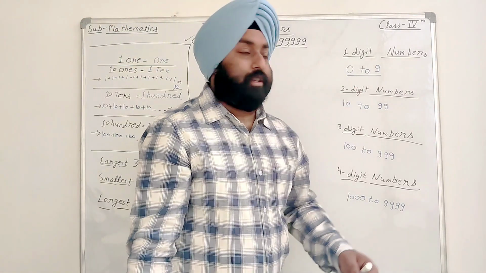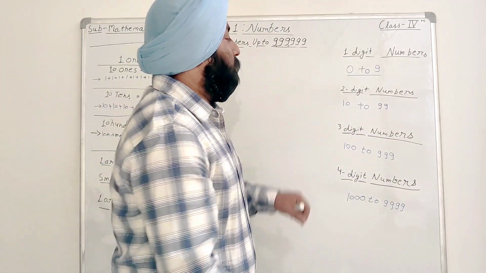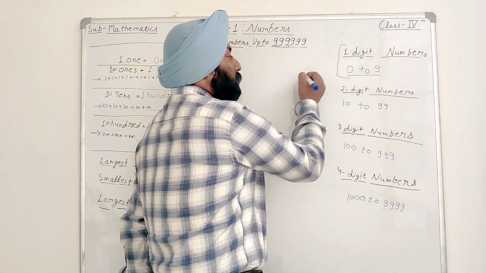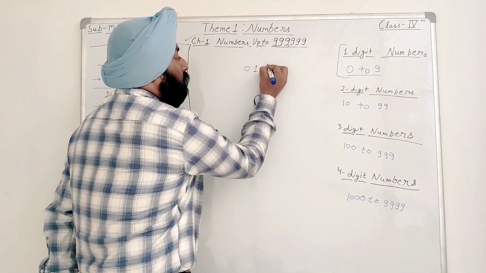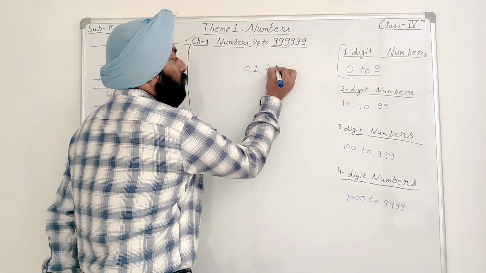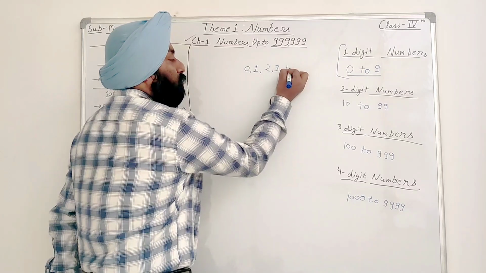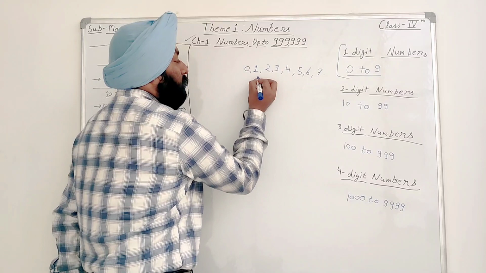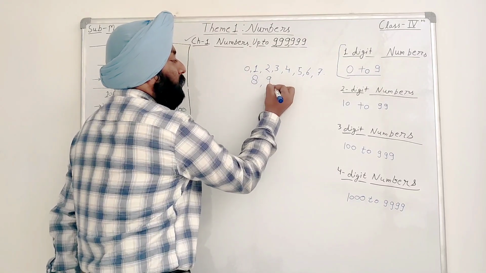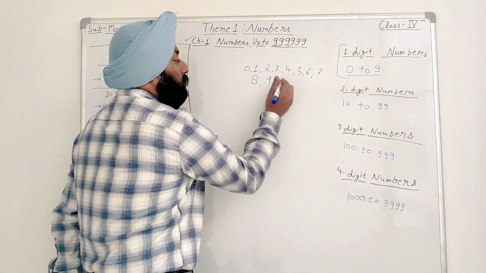Now, one digit numbers. We all know that from the starting, 0, 1, 2, 3, 4, 5, 6, 7, 8, 9, and that's it.